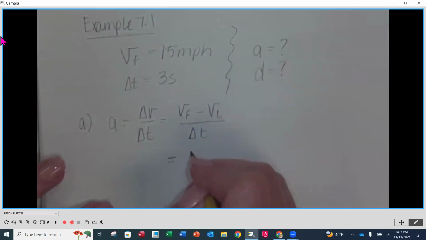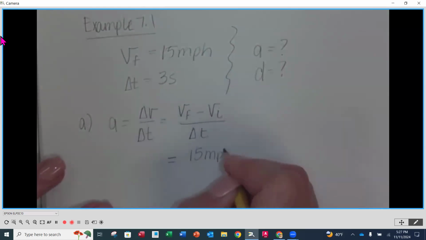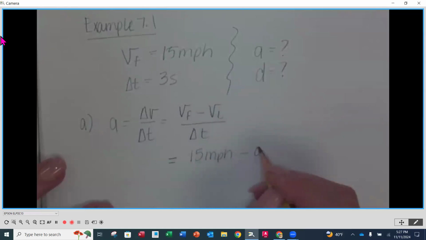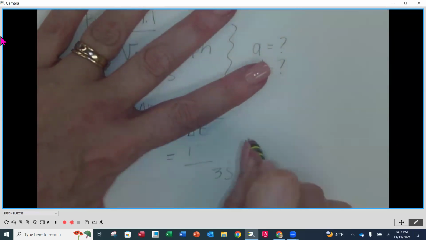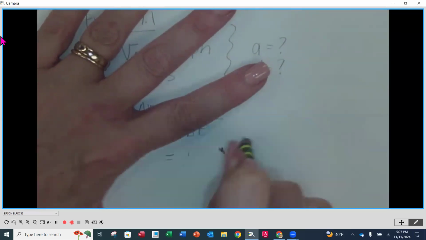So if I would put 15 miles per hour minus 0, because that would be my initial velocity, assuming we're starting from rest, our final velocity there. And I would put in here 3 seconds. Notice that I have miles per hour per second, which isn't great units. We want to have the units kind of be consistent. So we're not going to use 15 miles per hour here. We're going to have to convert it.